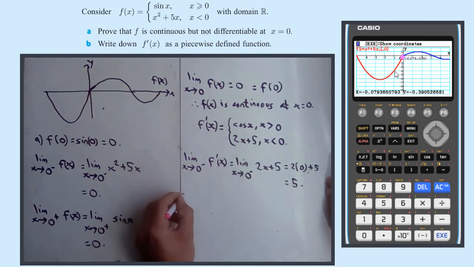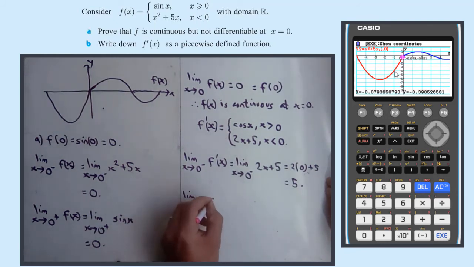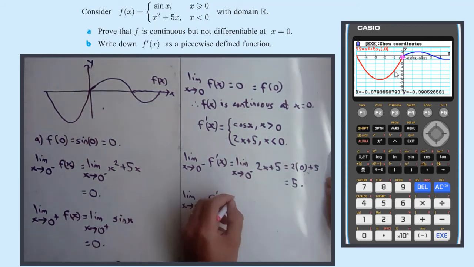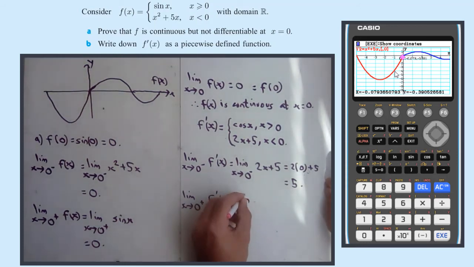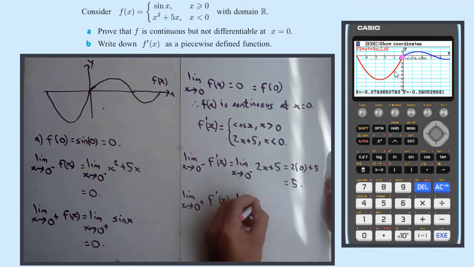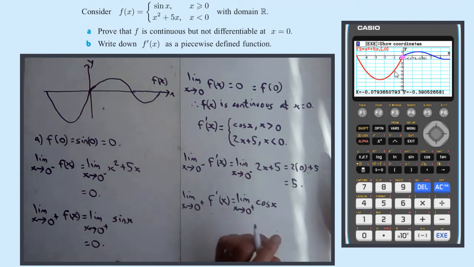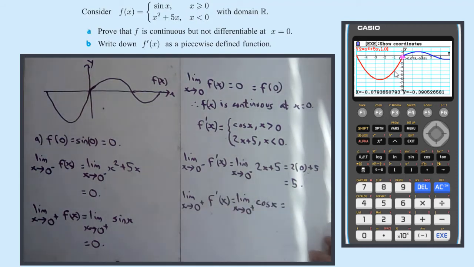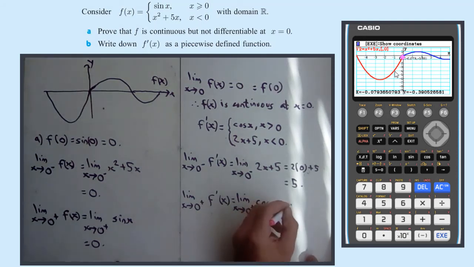Okay, other side, the limit as x approaches 0 from the right hand side of f dashed x equals the limit as x approaches 0 from the right hand side of cos x. Okay, well, you should know cos x. I would draw it, but I don't really have room. Cos 0 is 1, and either side of that, it's still 1, so it's clearly 1.